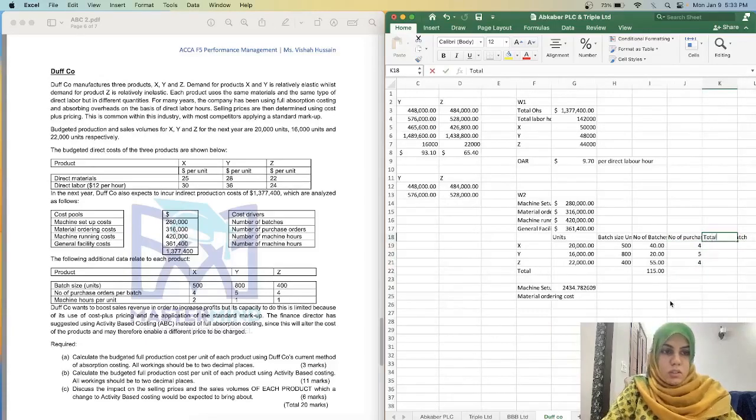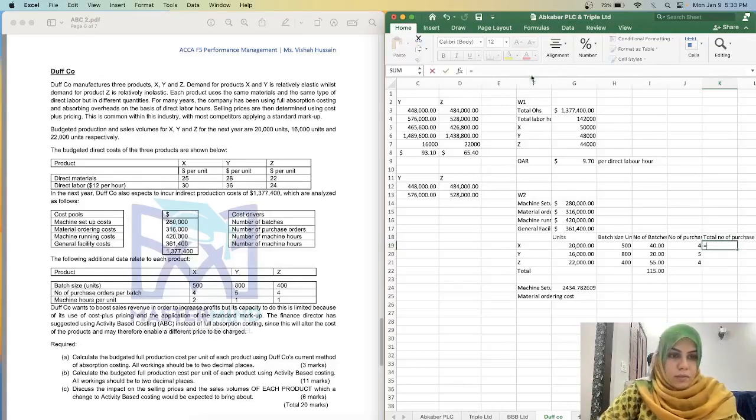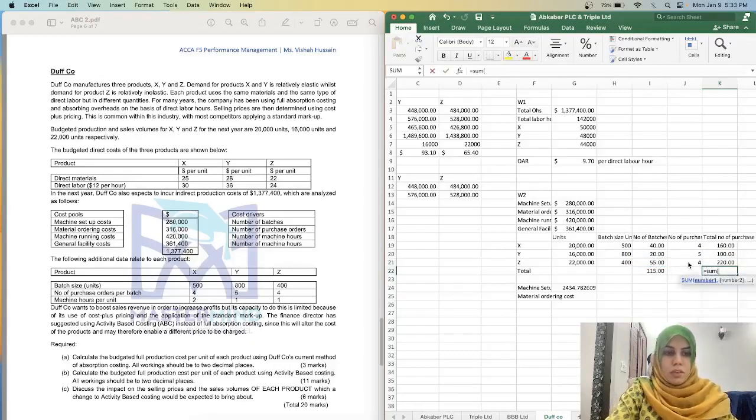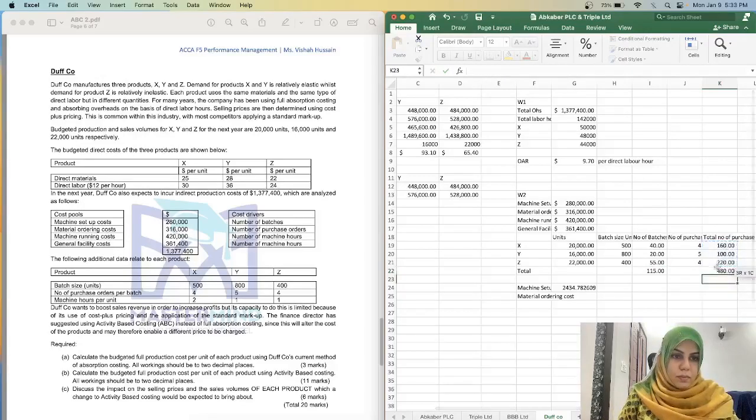So total number of batches. Sorry, total number of purchase orders. Simply multiply number of batches by that. What is the total? Sum this up. 480. So 316 divided by 480.